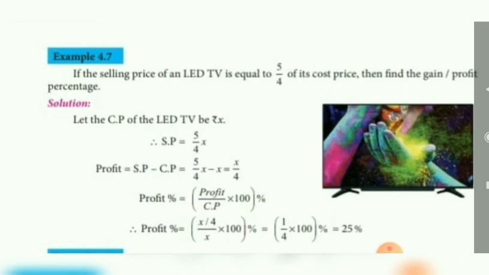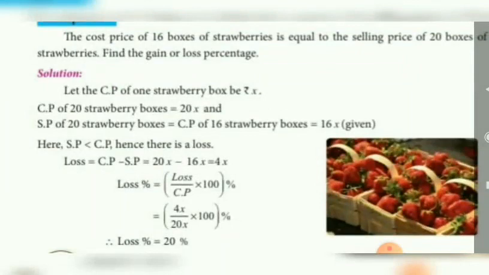Profit percentage equals profit divided by cost price into 100, so x by 4 divided by x into 100. So 1 by 4 into 100, which is 25. So the profit percentage is 25%.